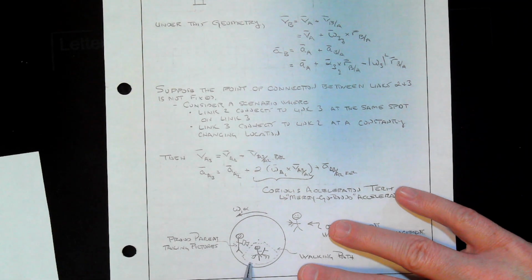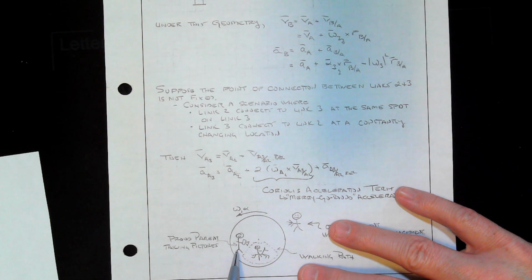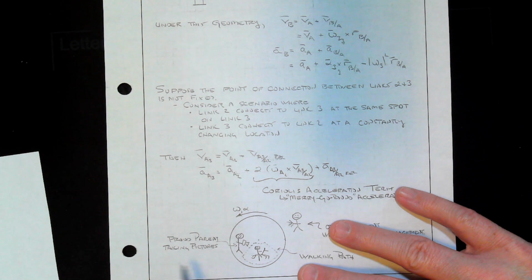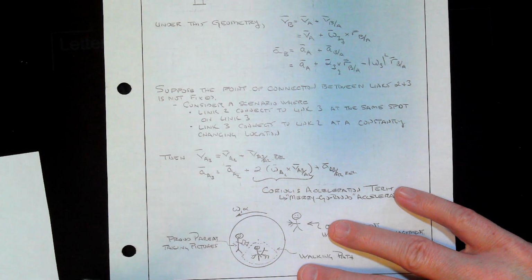So you'll figure out A on a given link 2, and then you'll have to do a jump to A on link 3. From there, if things are rigidly connected, you just go as you did before. But you have to make the effort specifically to jump from link 2 to link 3 at the quote-unquote same point. And that is where Coriolis comes in.